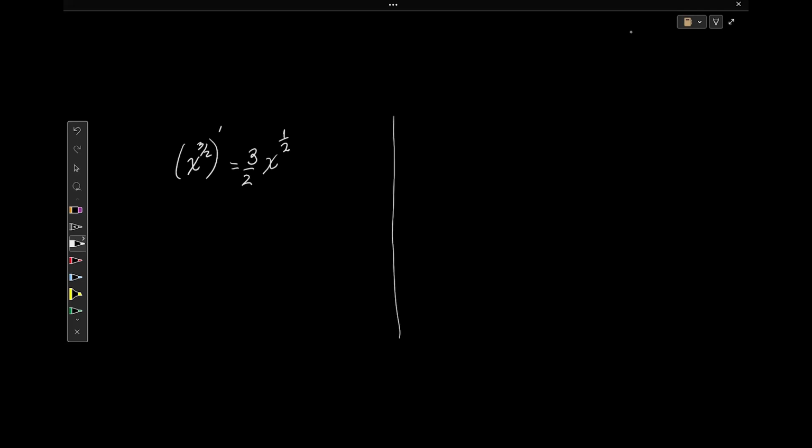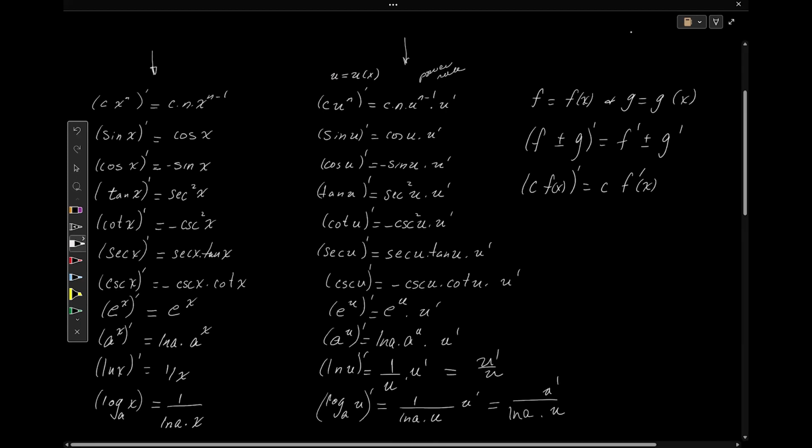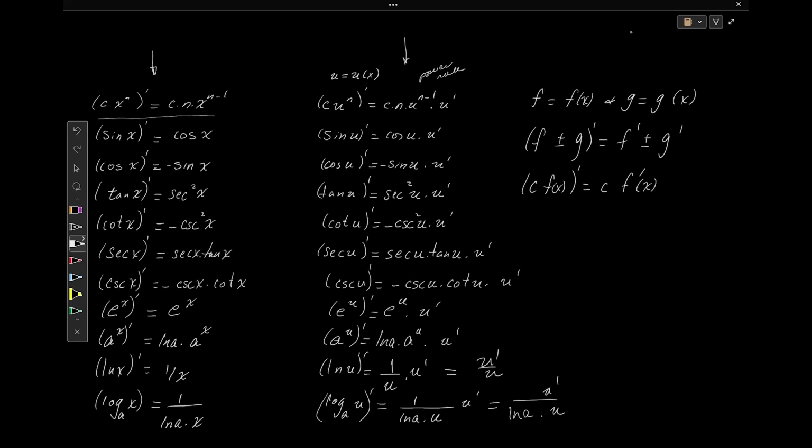Now, what if I have this, and I'm taking the derivative of that? Hmm. This is no longer an x to a power, so I cannot use this anymore. Now it's some function of x to a power.